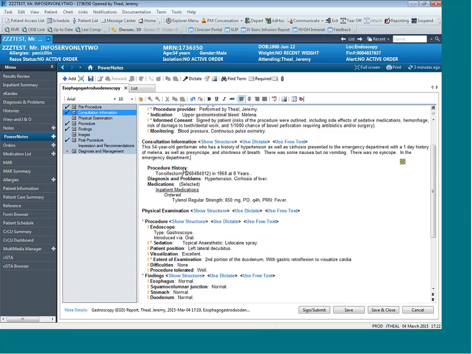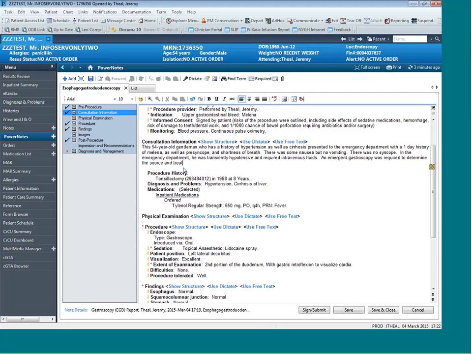In the emergency department, he was transiently hypotensive and required intravenous fluids. And emergent gastroscopy was required to determine the source and treat upper GI bleeding.